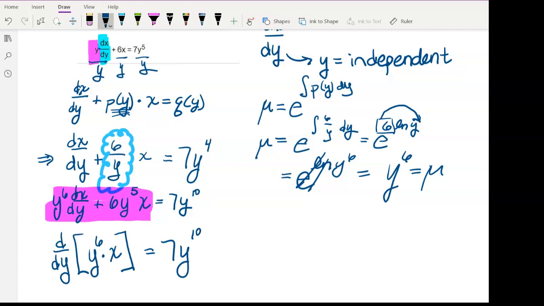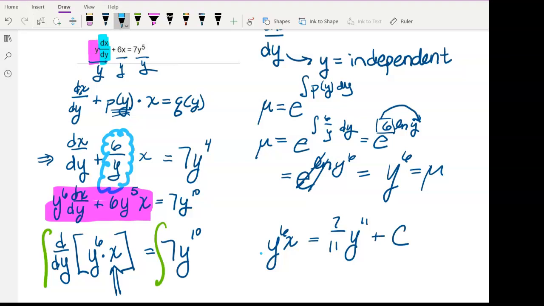Because x is our dependent variable, our goal here is to solve for x. So now we've got just a couple of opposite operations to perform. We can get rid of the d/dy if we integrate both sides. That will leave us with y to the sixth times x equals 7/11 y to the 11th plus c. And then we'll divide everything by y to the sixth so that we can isolate our x.